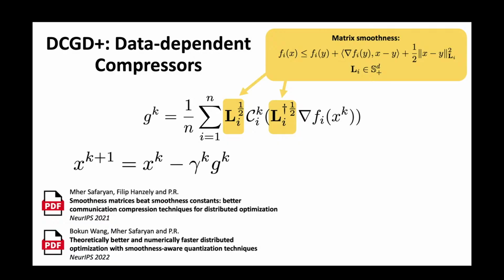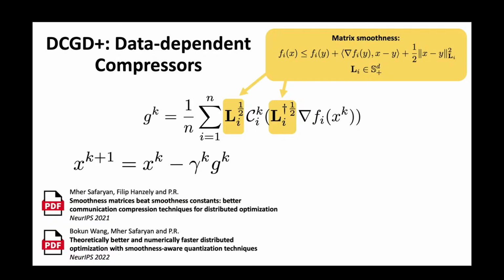Now you don't have a scalar, but you have a matrix, a positive semi-definite matrix Li. So the scalar case is a special case of this, when Li is a multiple of the identity. So this is a generalization. And then the question is, if you know this about these losses, can you do better? And it turns out you can design better compressors if you have knowledge of these matrices.